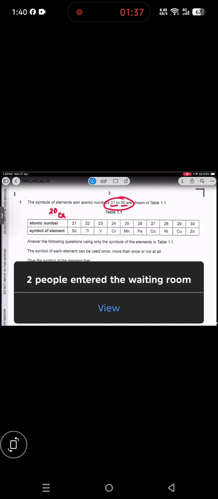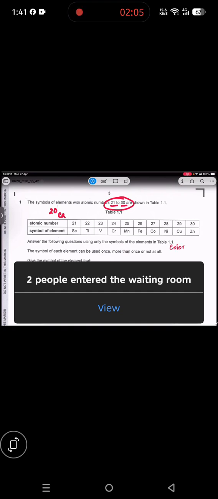The transition elements are those which transit their properties. So what are the transition element properties? Number one, they form colored compounds. They have variable oxidation states. They are used as catalysts.